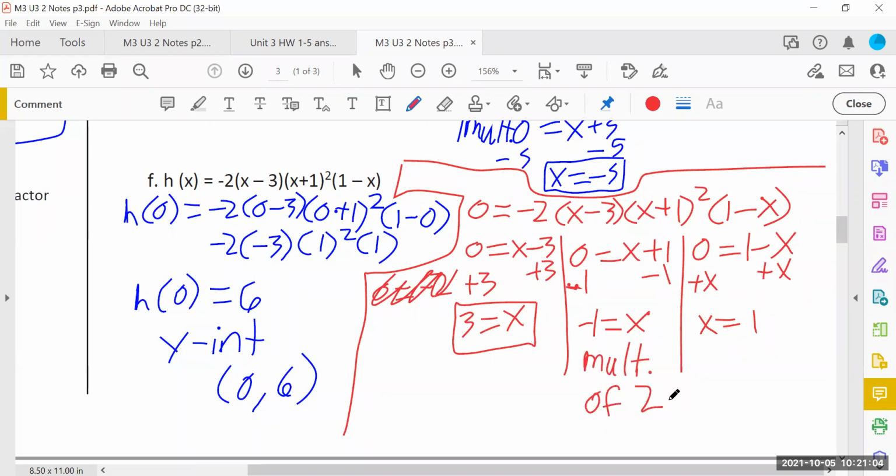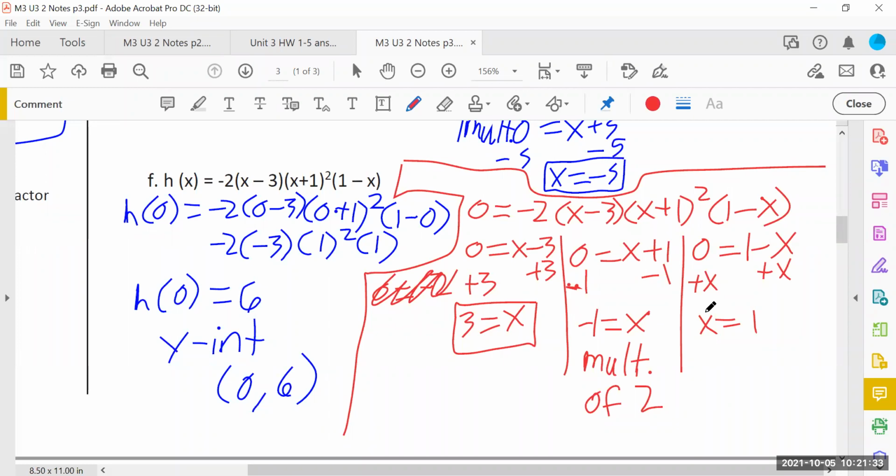So everybody, what that means here is this function has 3 distinct x-intercepts, meaning when I draw it, there's going to be 3 places it touches the x-axis. At 3, at negative 1, and at 1. Those are distinct. But remember how there's a bunch of ways to talk about the same thing last unit? Zeros, x-intercepts, roots, solutions. Those all meant the same thing. We're going to add one little differentiation here.